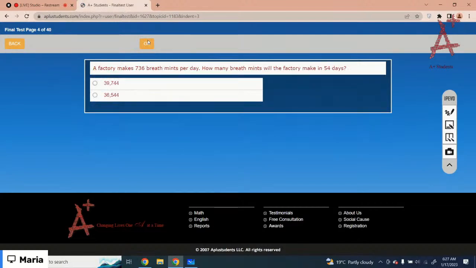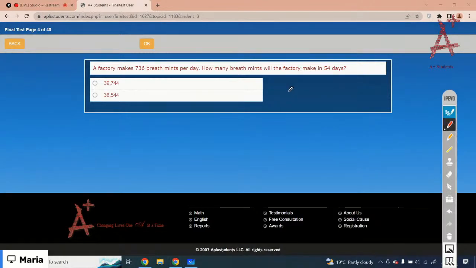Okay, a factory makes 736 breath mints per day. How many breath mints will the factory make in 54 days? So you have to do 736 times 54. Got it? Let's start multiplying by 4. 4 times 6 is 24, 4 and 2 carry. 4 times 3 is 12 and 2 is 14, 4 and 1 carry. 4 times 7 is 28 and 1 is 29.